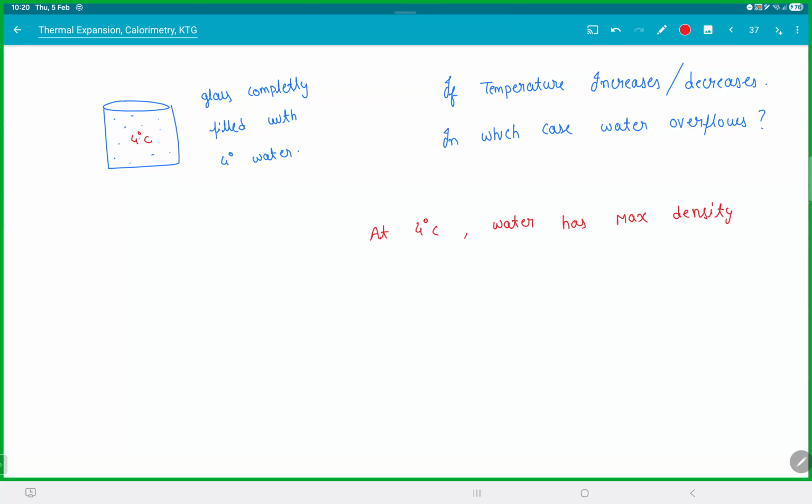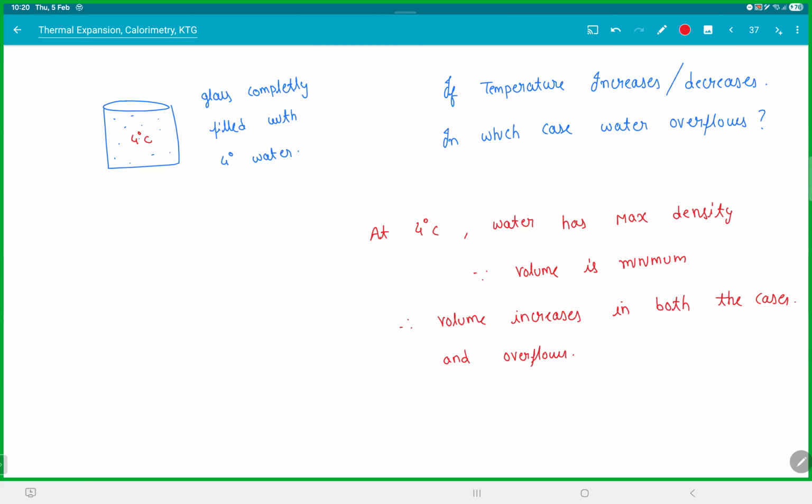That means volume will increase, so it will overflow in both the cases. Clear with this?